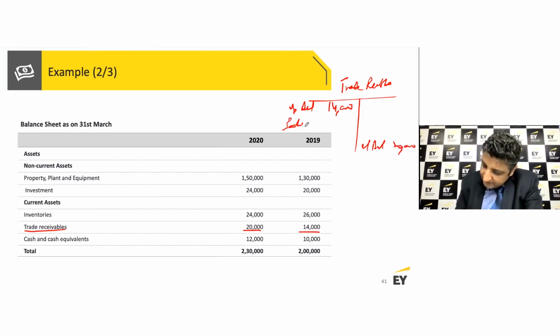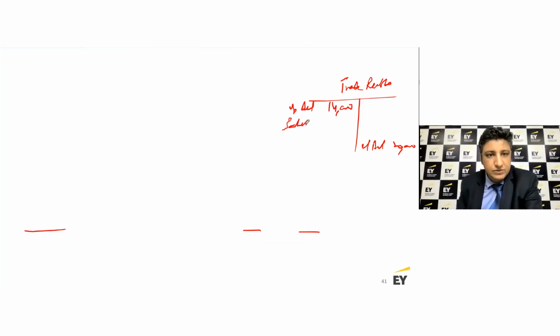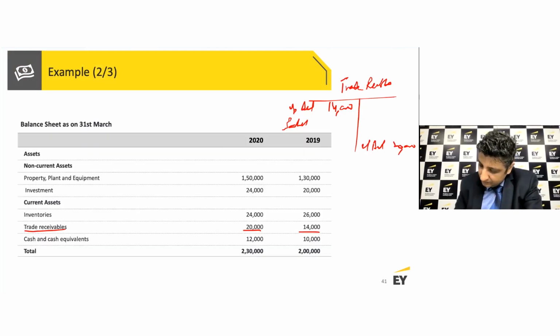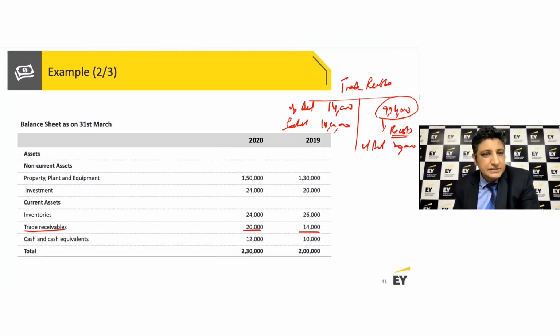And if I say that my sales were, let's use that information, 10 lakhs, the balancing figure can give me my collections. That is my receipts from the customers. The same way I can do the exercise for my payables.